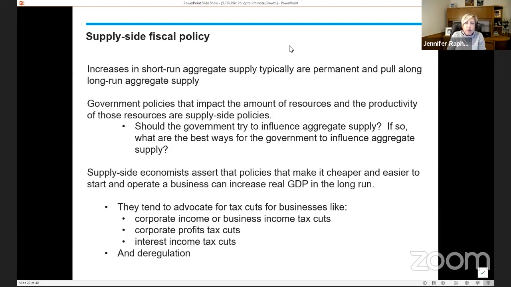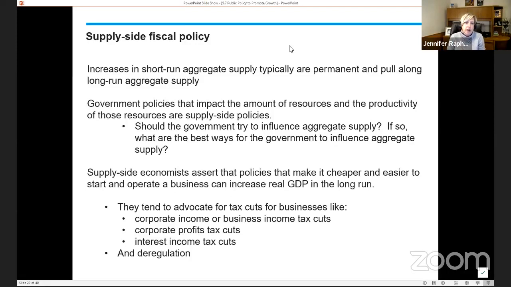I did a careful review of the questions that are available in the question bank on AP Classroom, and of the questions that you might be likely to see related to supply side policies. And there's probably one or two other points that are worth making here for you.